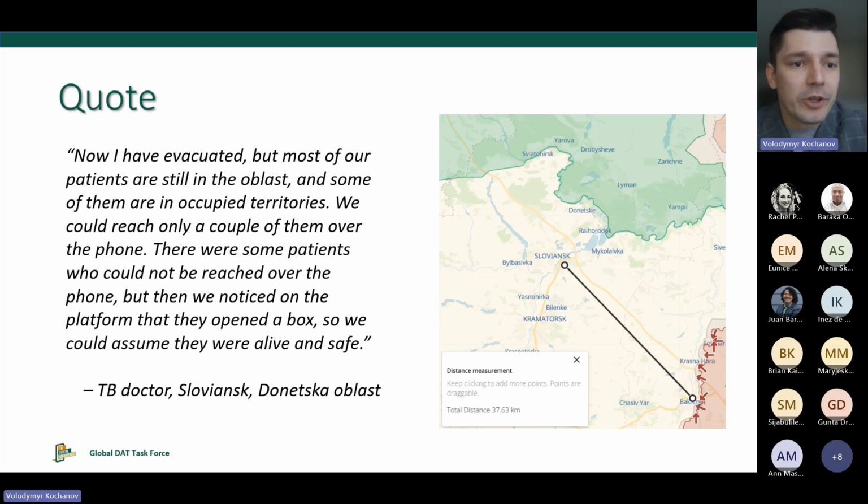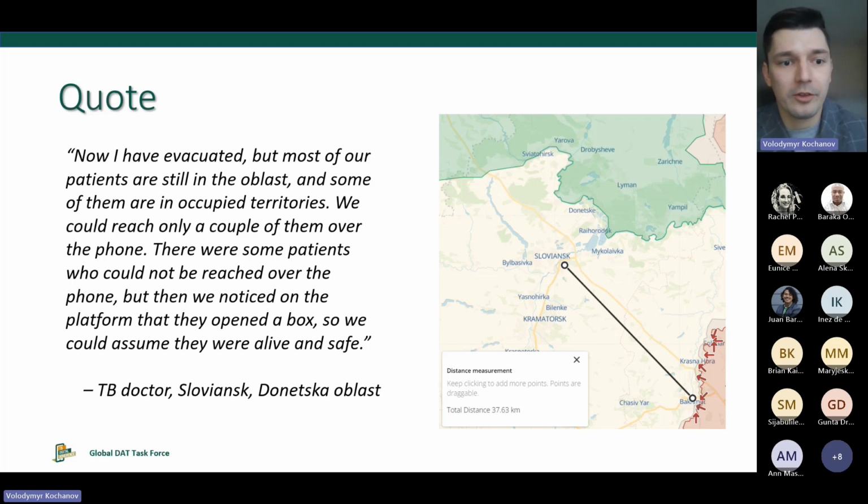And here you can see on the screen the quote, which inspired me a lot, because in some instances, digital adherence technology became an additional tool of communication with the patient when no other means of communication worked.